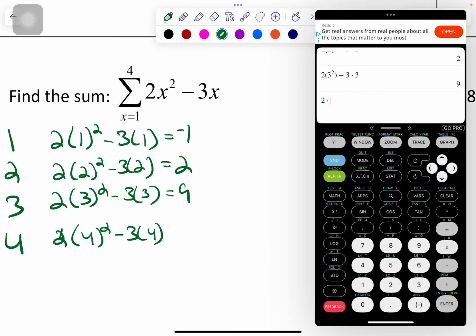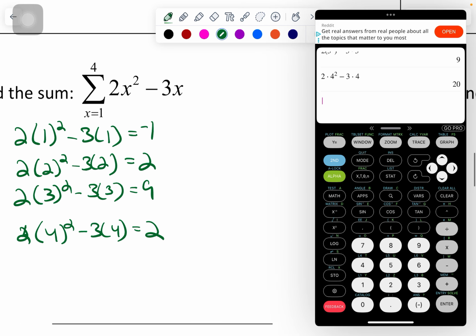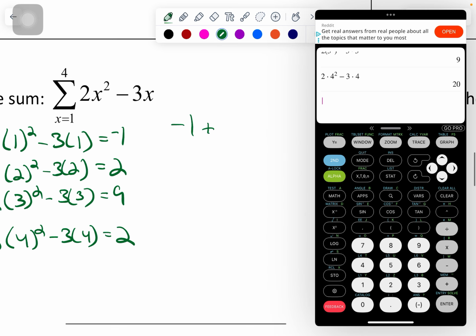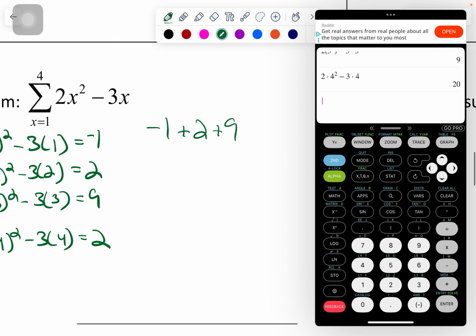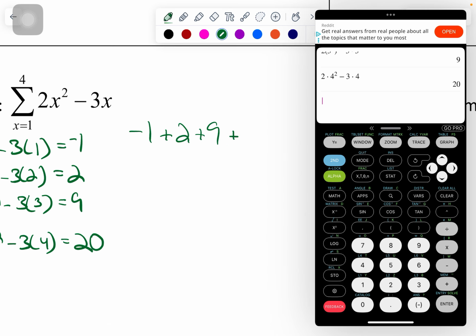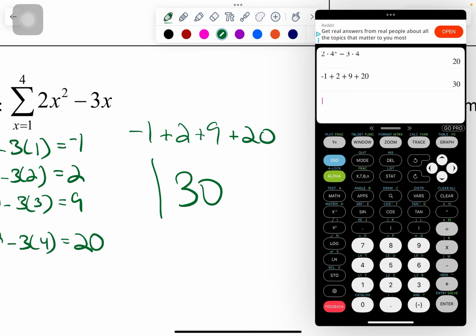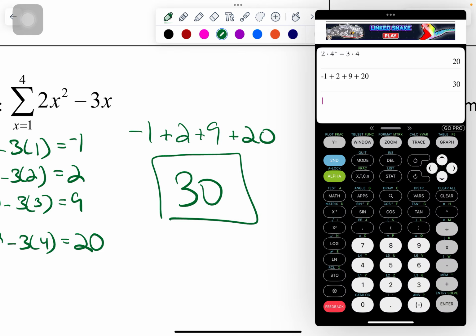And 2 times 4 squared minus 3 times 4, and that's 20. So if I add up negative 1 plus 2 plus 9 plus 20, that is going to be a sum of 30 there.